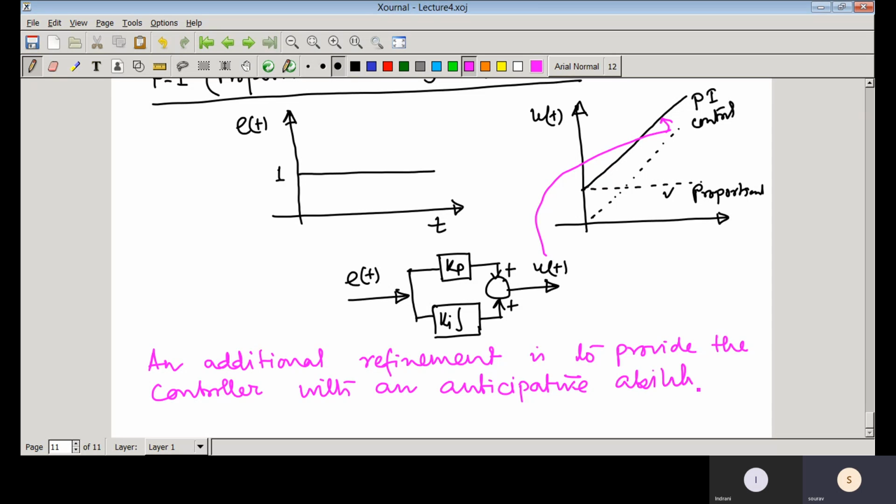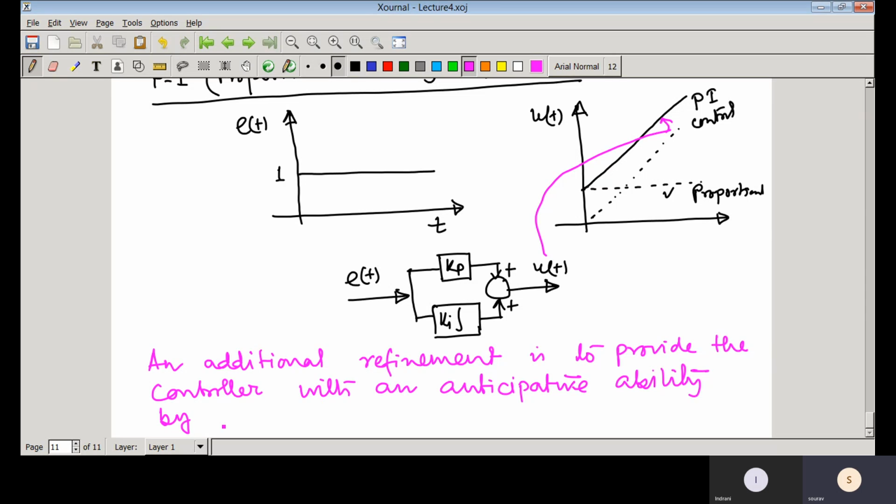That means if your controller can anticipate what error may appear, then accordingly it can generate some control input, so that the transient response as well as the performance of that system can be improved.